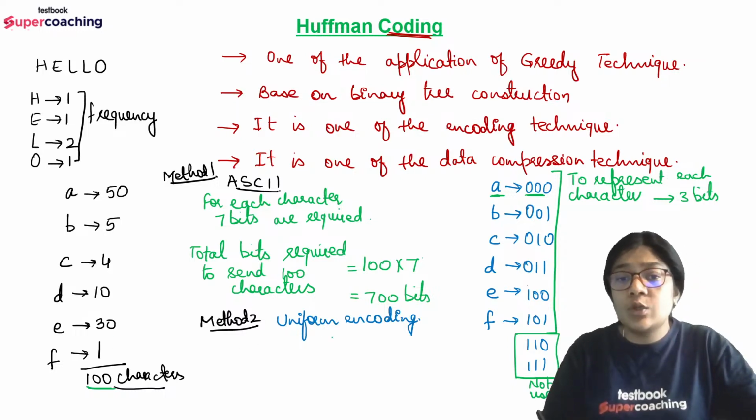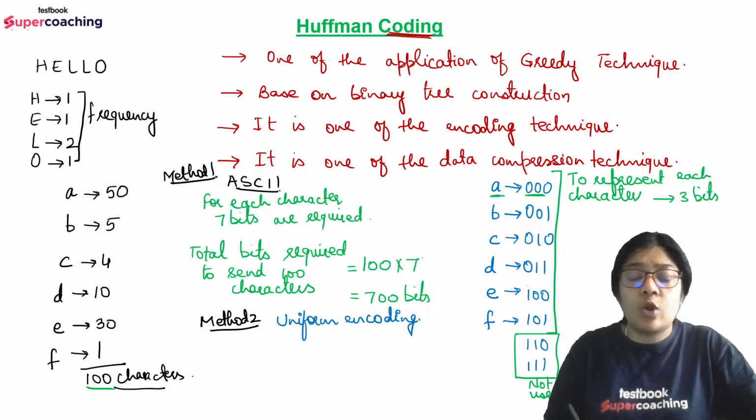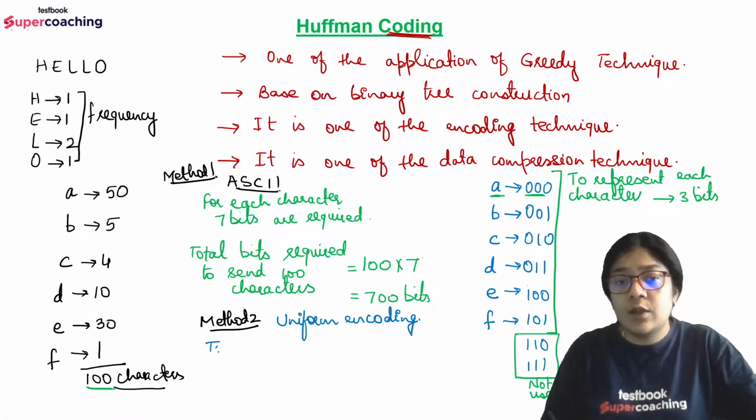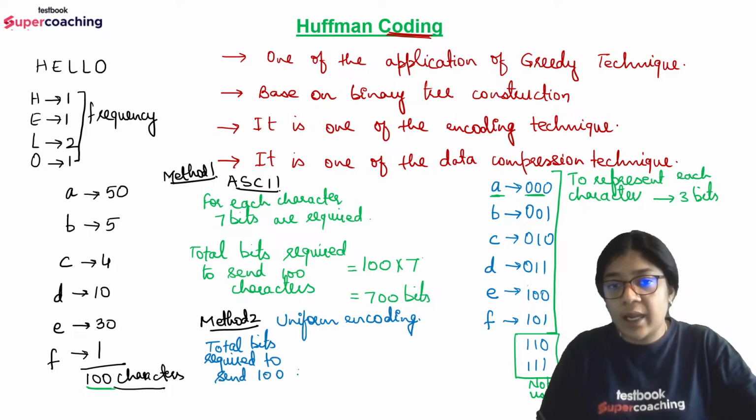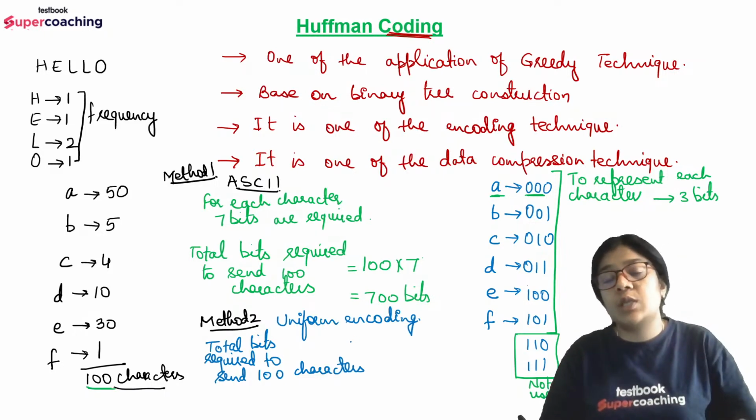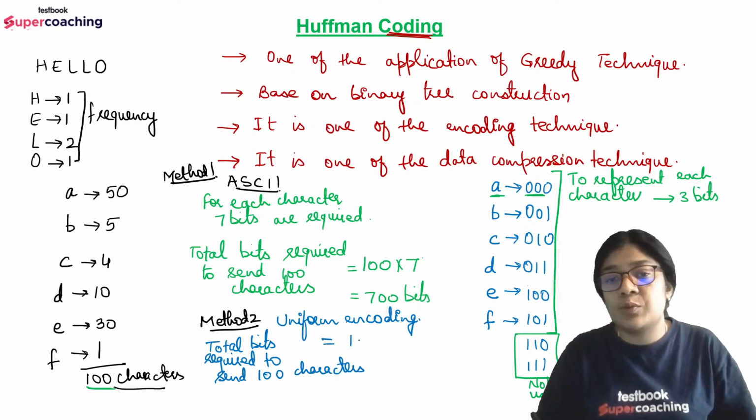So that means using encoding, the total number of bits required to send 100 characters, how many bits will be required? एक character के लिए 3 bits चाहिए, तो 100 characters के लिए obviously it will be 300 bits. So into 3, that comes out to be 300 bits.